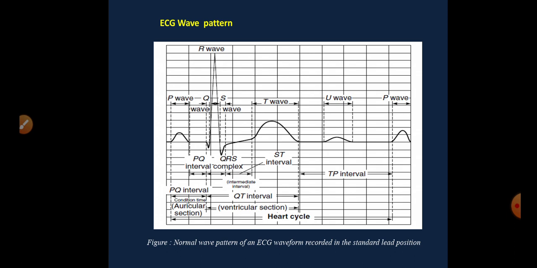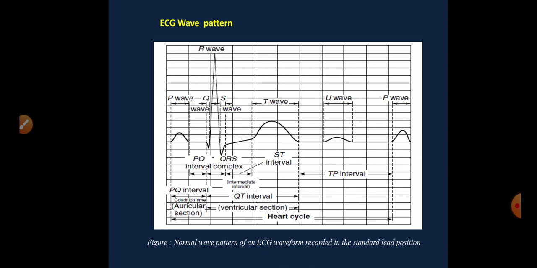The PR interval normally lies between 0.12 and 0.2 seconds. The QRS interval, which represents the time taken by the heart impulse to travel first through the interventricular system and then through the free walls of the ventricles, normally varies from 0.05 to 0.10 seconds.